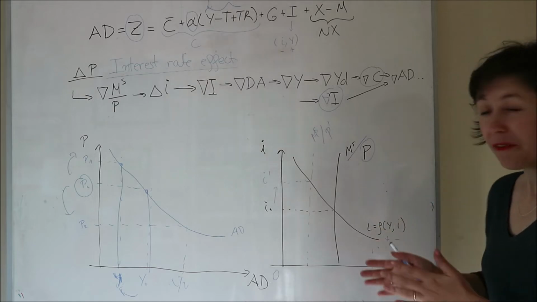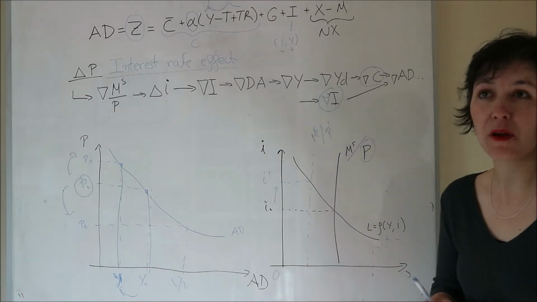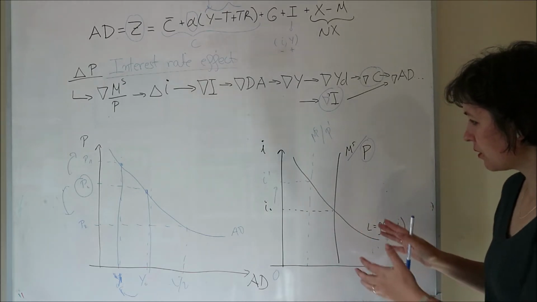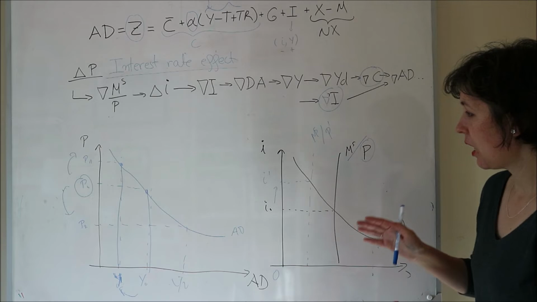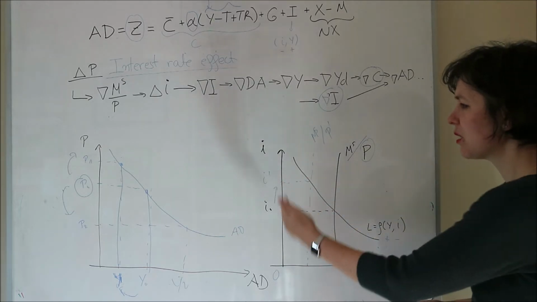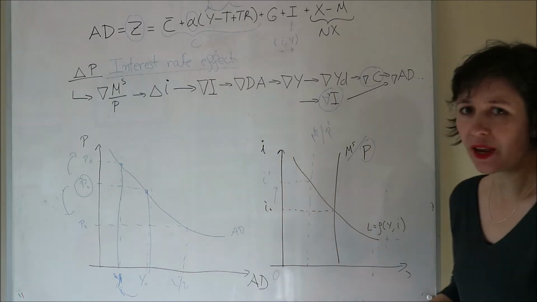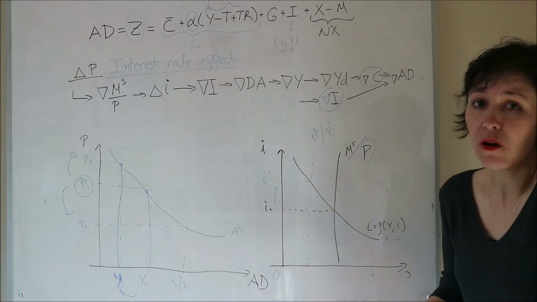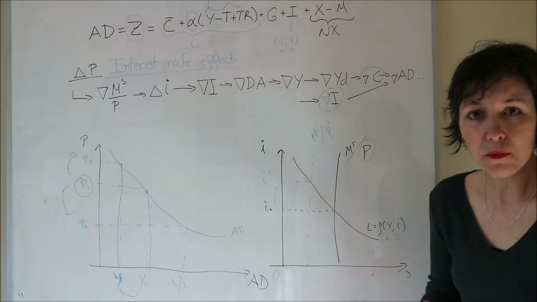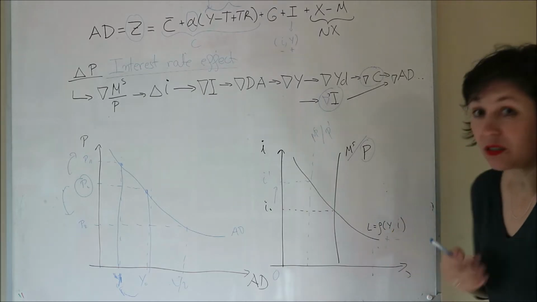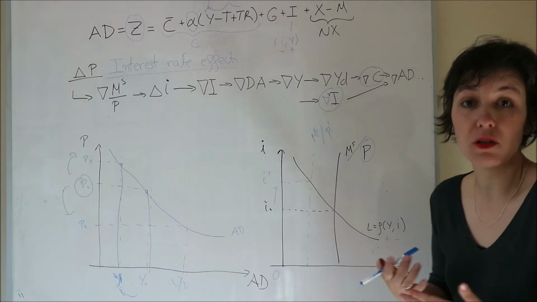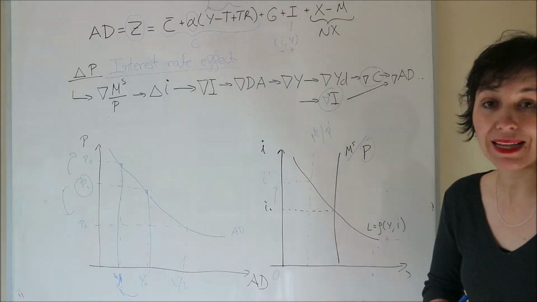So to see the effect of a positive shock in the output of the economy, in terms of the demand of liquidity, we should expect a shift of this curve to the right side. How is that? Given any interest rate, here we have the interest rate, we don't have income, because the income is higher, because the GDP is higher, I should expect that this economy is going to demand more money.